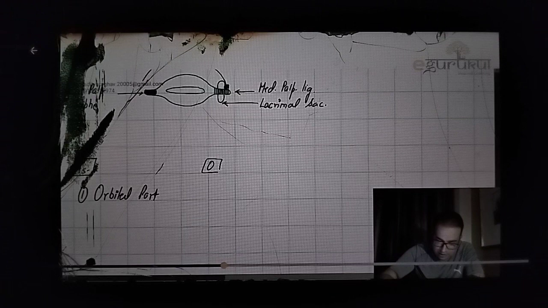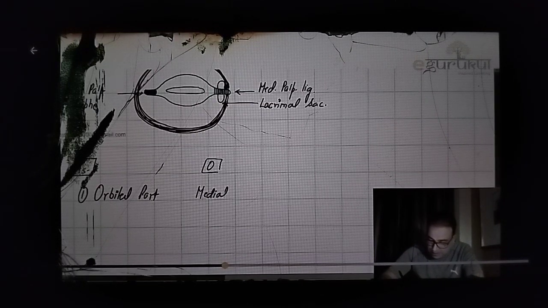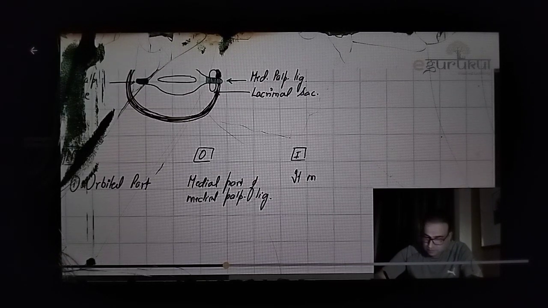It makes a concentric ring around the eye and comes back to the same point. That's the outermost circle you're talking about, the first part of this muscle. Very precisely, the origin is from the medial part of the medial palpebral ligament. And insertion, it makes a concentric ring.